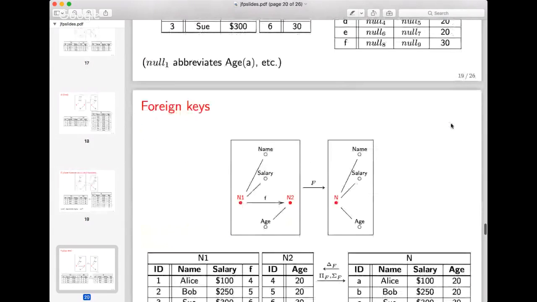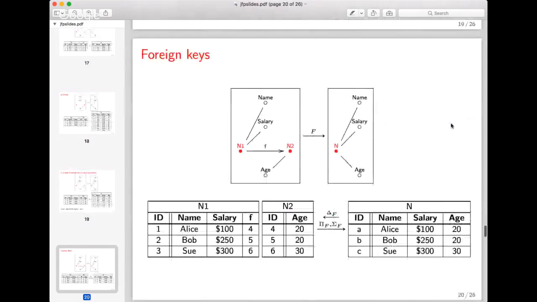All right, and finally, what happens if there's a foreign key between N1 and N2? Here we call the foreign key F, and in the instance on the lower left, F maps straight across to N2.